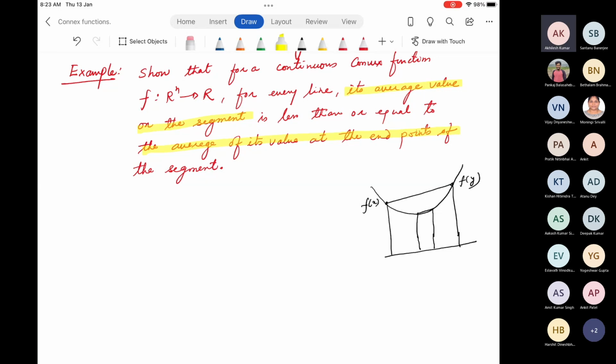It is saying that other than these two f(x) and f(y), if we take any other two points, its average is always less than or equal to this average of f(x) and f(y). Why are you excluding f(x) and f(y) for less than or equal to? So what is the average of f(x) and f(y)?